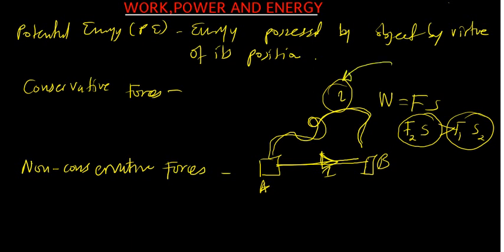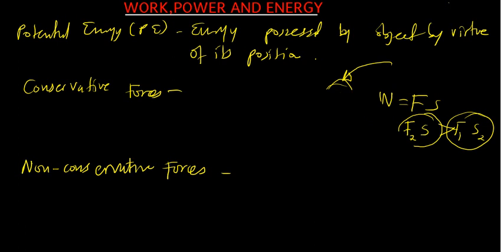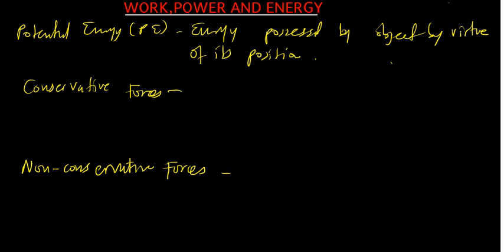When you want to go back in that manner, you might not get the same kind of work, because some energy is going to be lost, maybe as heat energy or as friction. So whenever there is friction, energy is lost. Because of that, friction is a non-conservative force. There is always some energy loss. Some other non-conservative forces that we can talk about are a push, a pull, even tension.